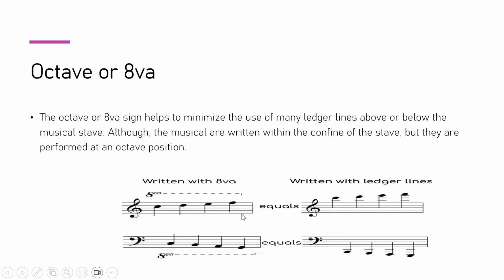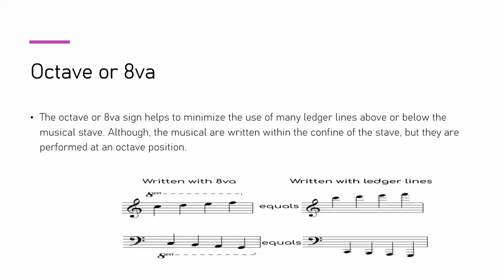So you might be asked in your exam to write this extract in an octave format, or either they give you in an octave format or they give you in the real way. But most times they will give you in the octave format, expecting that you should rewrite it and introduce what? Ledger lines. They want to know how careful are you in the use of ledger lines. Is that okay? That's the whole essence of this.